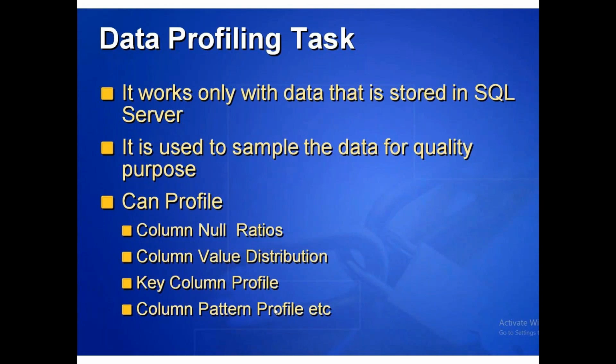So what this profiling will do is, in the name column, it has 100% of the data. In the salary column we have two null values, so the profiling is going to show that 50% of the salary column has null data.